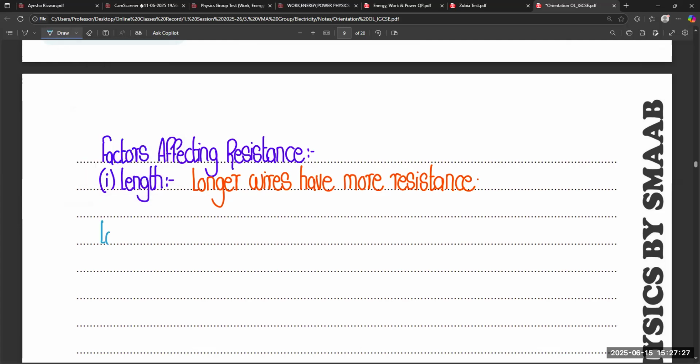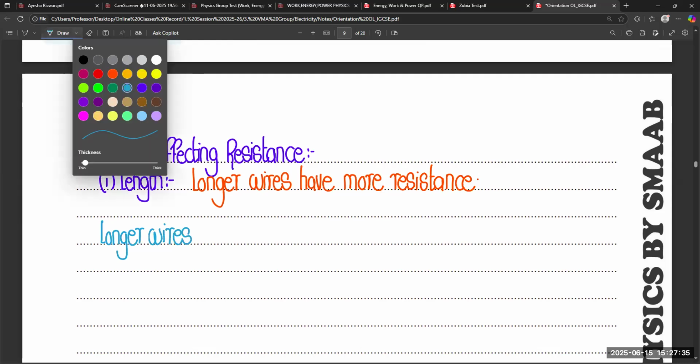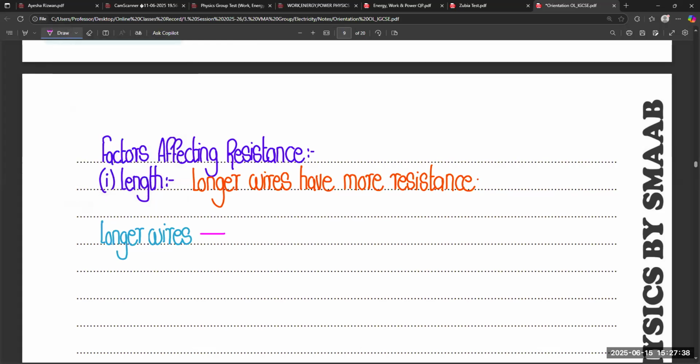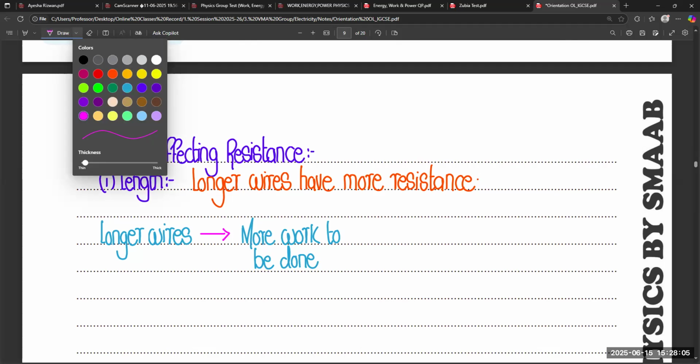For example, in longer wires we have to do more work because we have to push charges through a long distance. So we have more work done in longer wires.